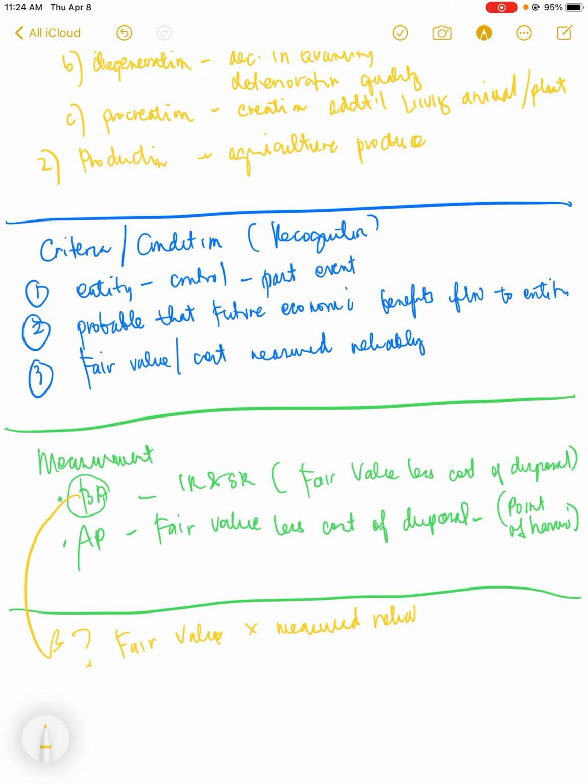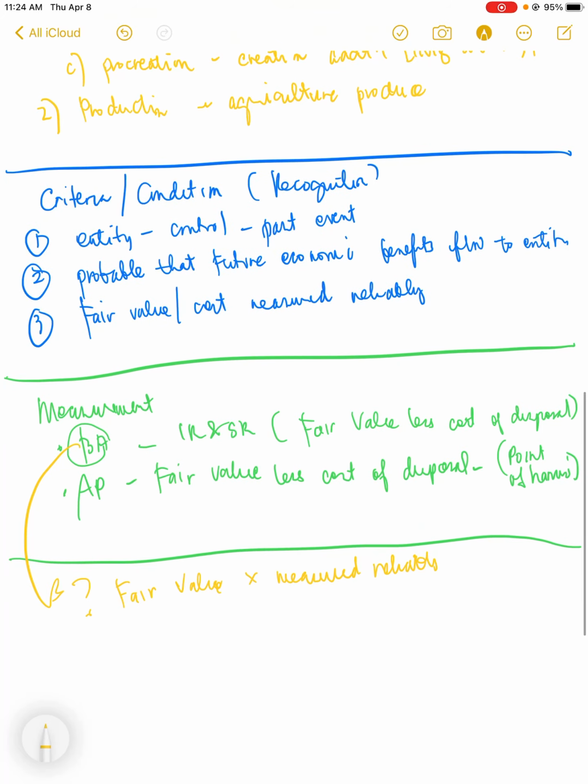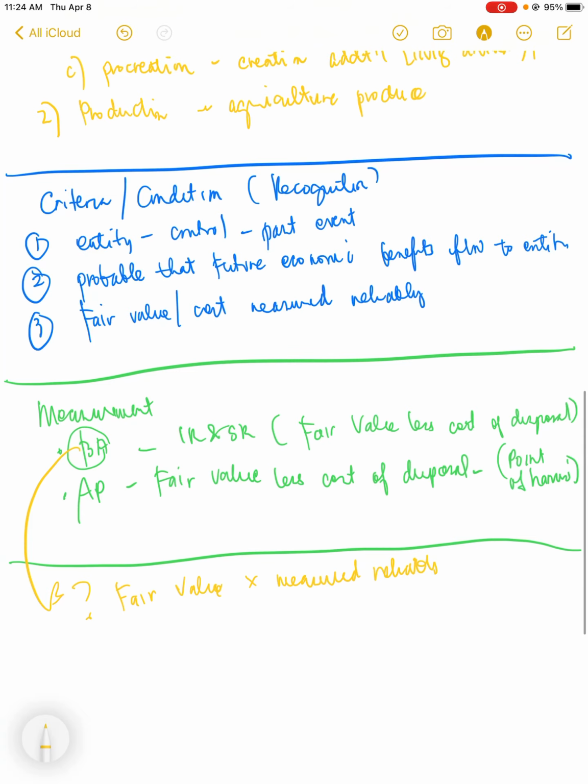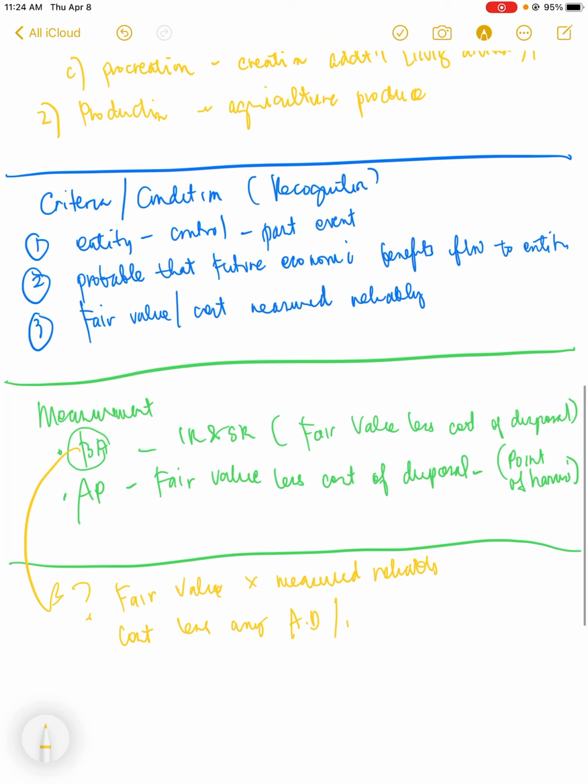What will happen? Of course, upon the initial recognition, it will always be the fair value less cost to sell. However, subsequent to the initial recognition, the scenario is the fair value cannot be measured reliably. And if that is the case, then our biological assets will be recorded at its cost less any accumulated depreciation or accumulated impairment loss.